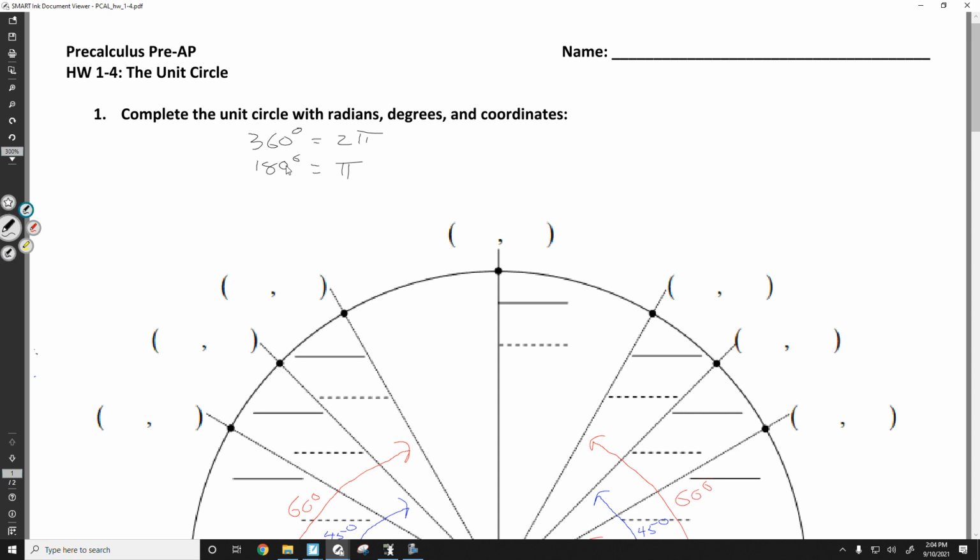Is that cool? What's 60 degrees? What's 45 degrees?